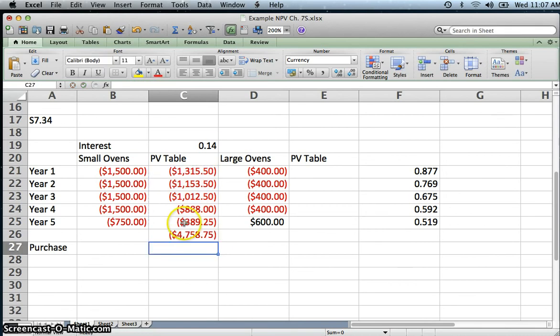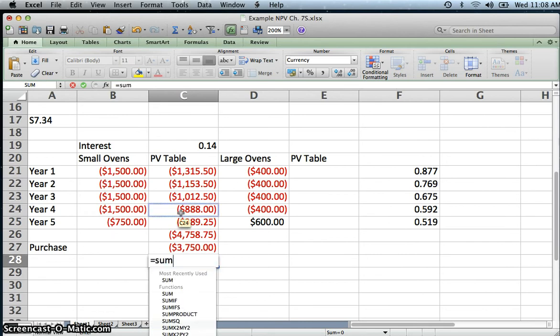Now remember, you also have the initial purchase price that we have to account for here. So going back to the data from the problem, the initial purchase price was $3,750 or $1,250 each, and there are 3 of them. And so we will add that. Here you have once again the cost over the 5 years plus this initial purchase price at full value.